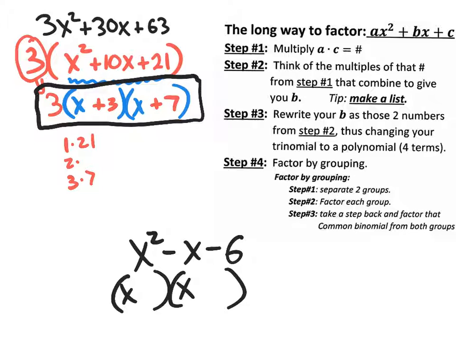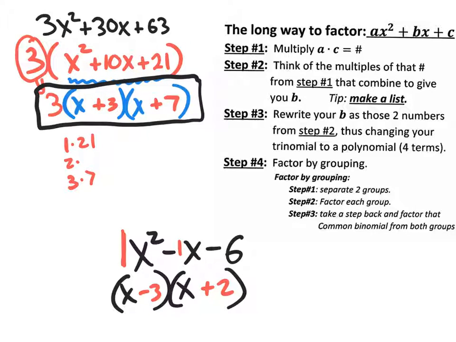Negative 3 times positive 2. And if you add negative 3 and positive 2 together, it does give you the negative 1 in the middle. So the shortcut is great when your a value is 1. Now, always try to do the GCF first, because you might end up with a quadratic trinomial that does have an a value of 1, which means you could apply the shortcut.